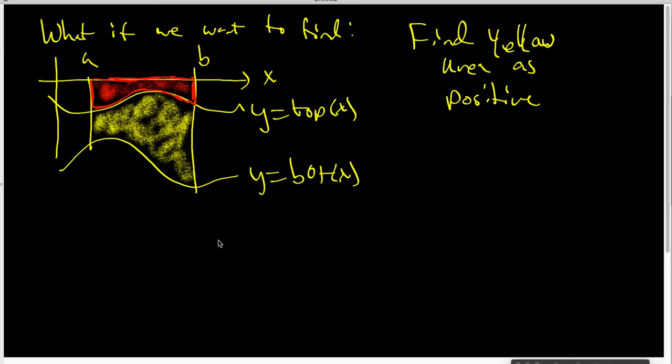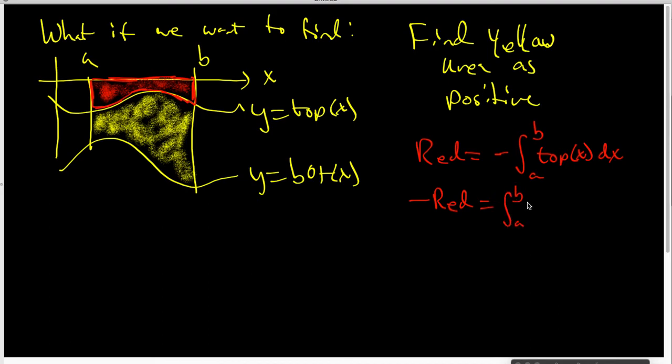This red area as positive area is going to be minus the integral between a and b of my top function dx, because minus the red area is equal to the integral of top dx, because top is underneath the x-axis.